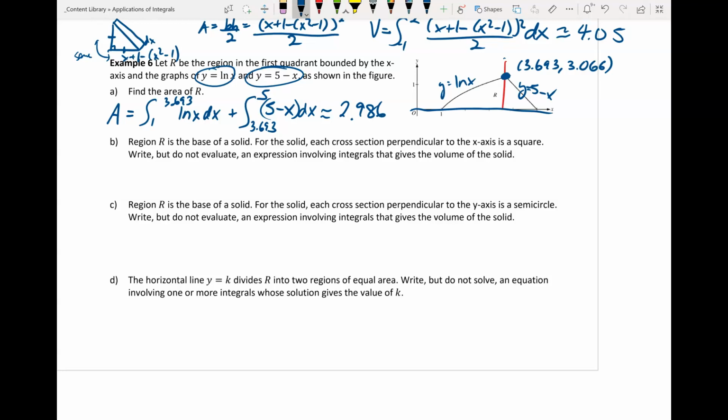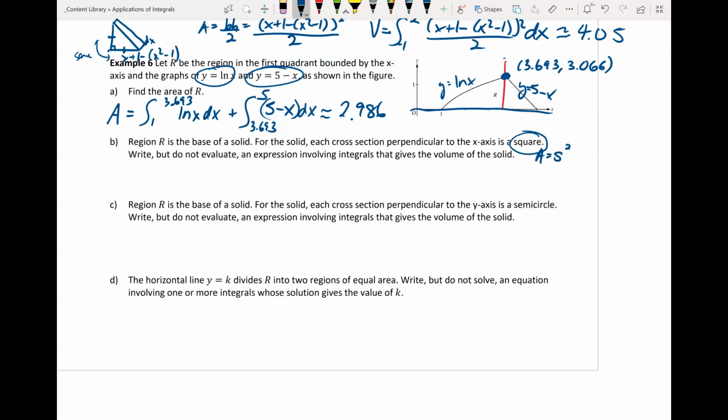Now we want to find the region R, and our cross-section is going to be a square. You're just going to write, but do not evaluate, an expression to help us find the volume of the solid. Okay. So for a cross-section that is a square, we know the area of a square is s squared.